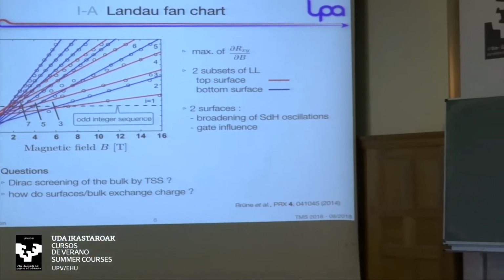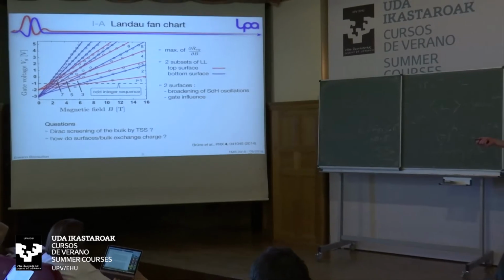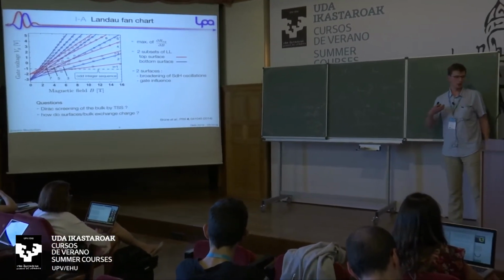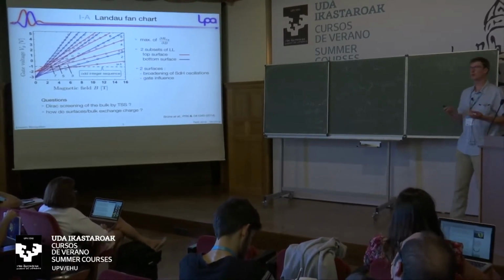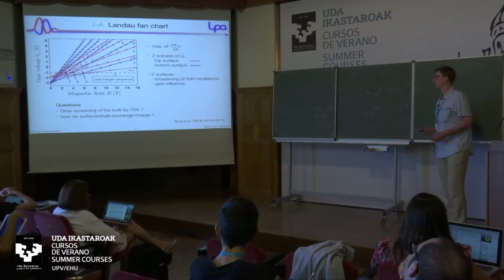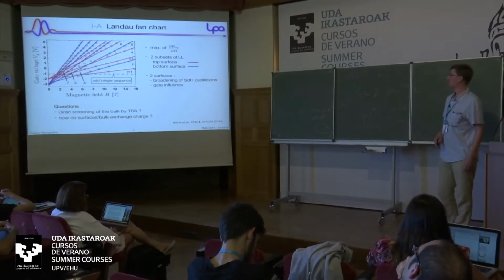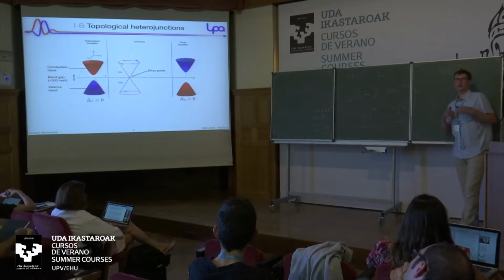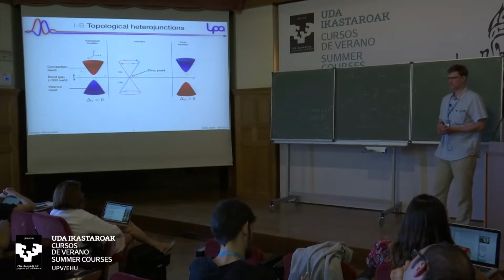And this is what triggered this work, and I will try to show you how we investigated this screening of the surface states and how we've come up with some ideas that I hope will trigger additional work on the topic of screening.